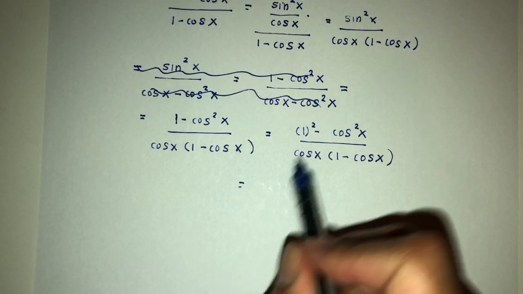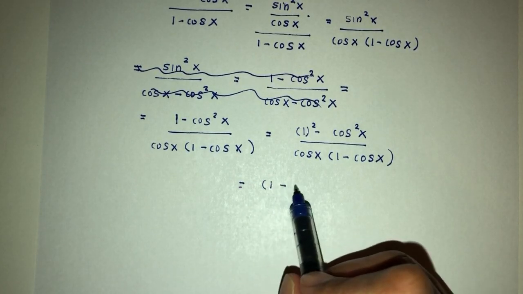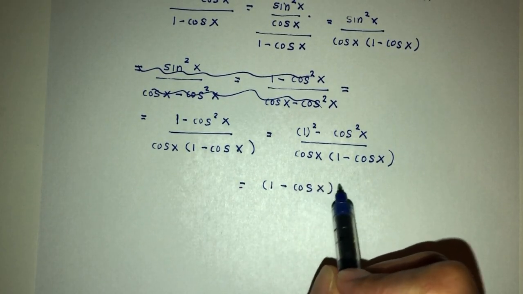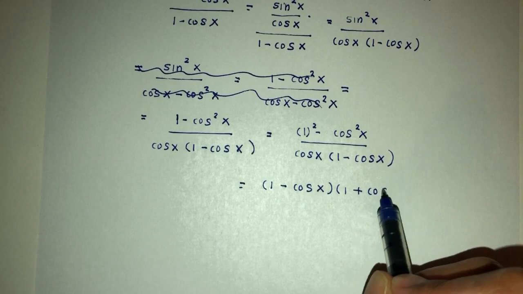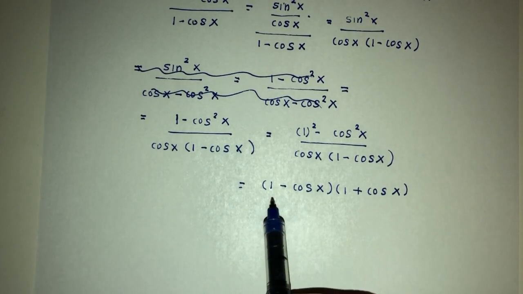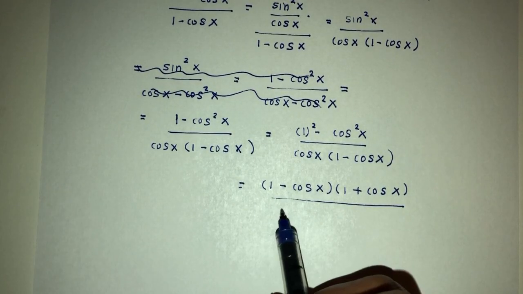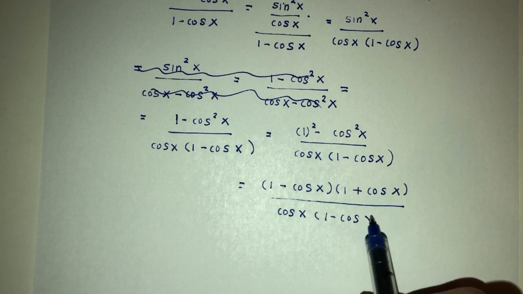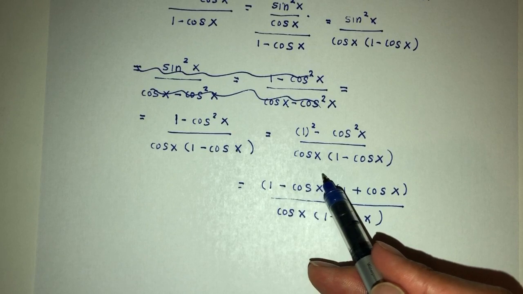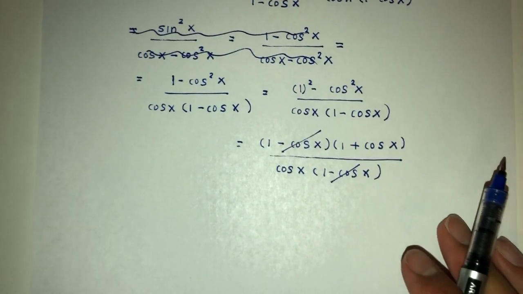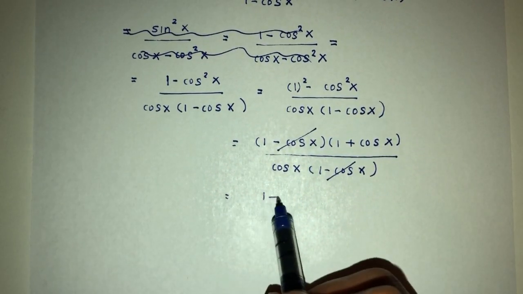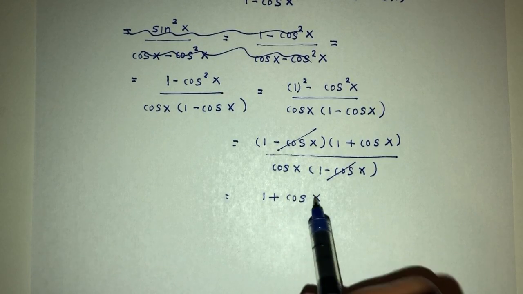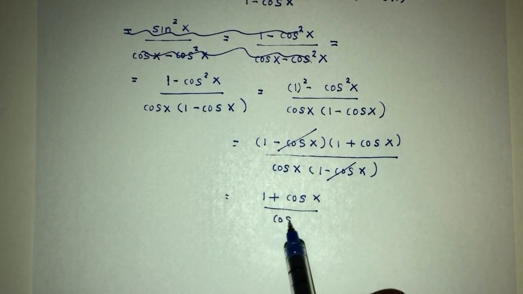So if you were to factorize, you will have 1 minus cos x and 1 plus cos x, right? That is the factorization of the difference of squares. So that will be my value at the top. I can just simplify. That will go away. So I will have 1 plus cos x over cos x.